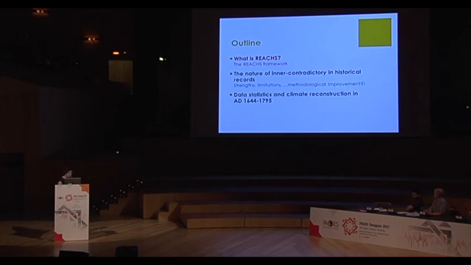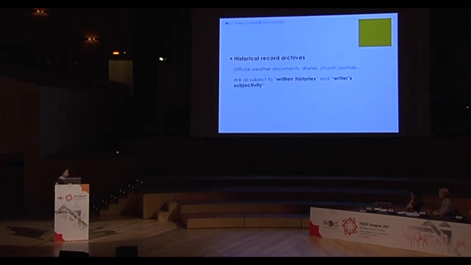And then I'm going to introduce our current data statistics and our climate reconstruction in the 17th and 18th century. And then I'm going to introduce the sensitivity test of our database and some reflections for conducting this research.